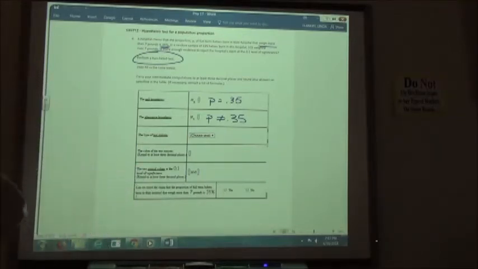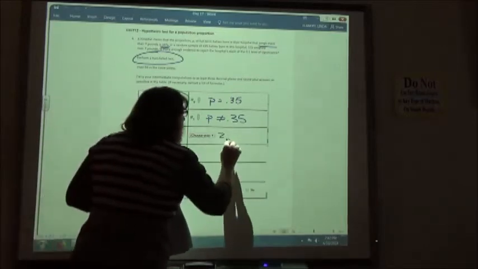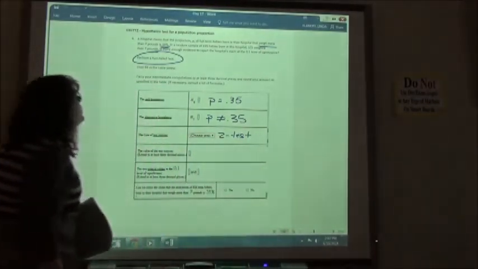So when we do a population proportion, we are going to do the z-test.